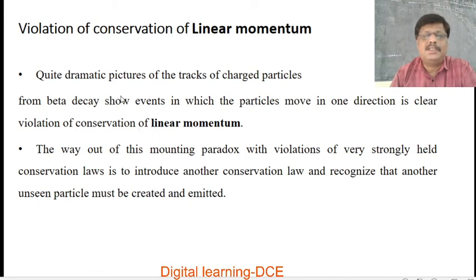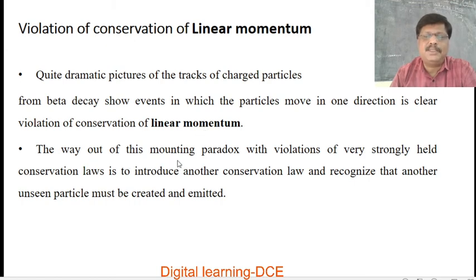So what happens when beta particles are emitted from a radioactive nucleus? The daughter nucleus will recoil back and the beta particle moves in the opposite direction. But in this case, both are moving in the same direction. It indicates that there is a clear violation of linear momentum.